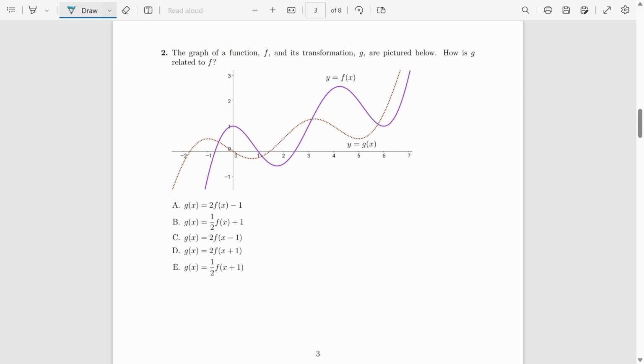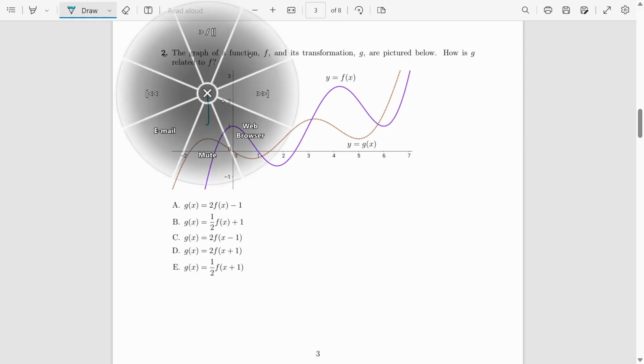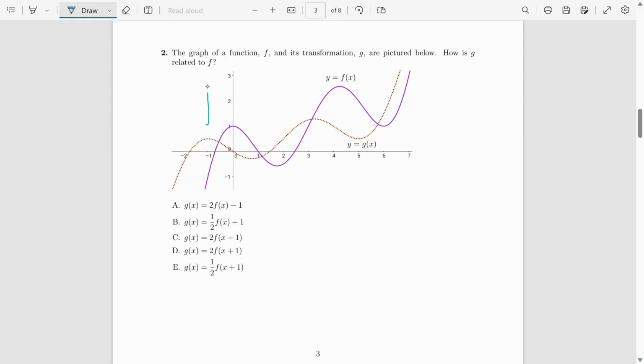One that I see right off the bat is, if you look at the distance between these humps here, you see it peaks there, peaks there. They're the same for both of these, right? So here's the peak of G and the peak of F. The distance between them looks to be about the same each time.